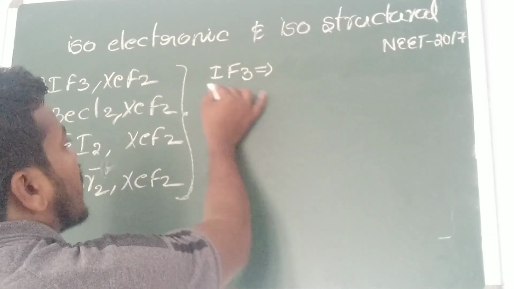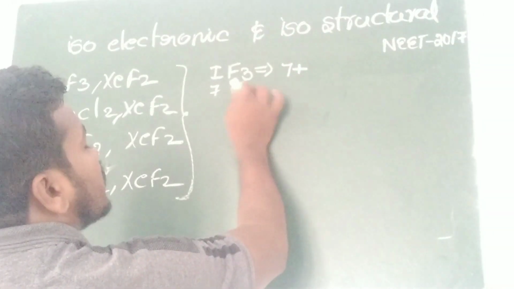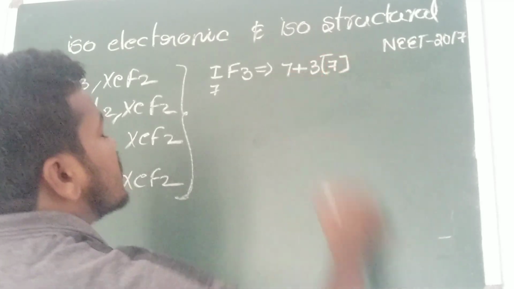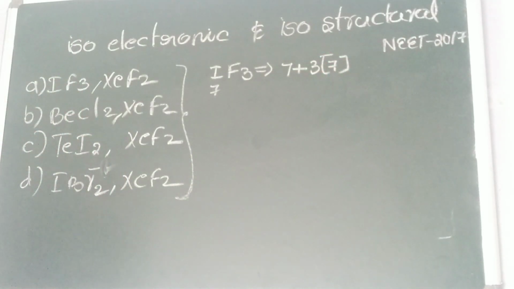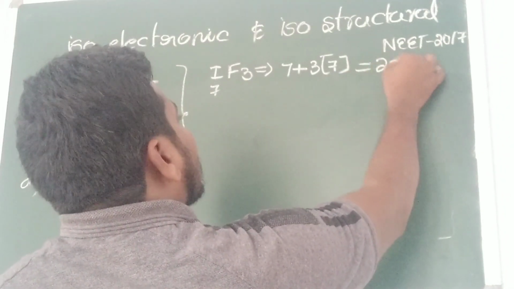IF3: iodine has 7 valence electrons, and fluorine also has 7 valence electrons, with 3 fluorines present. In total, IF3 has 28 electrons.